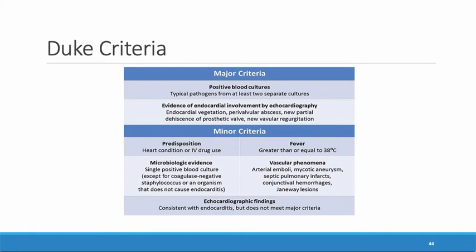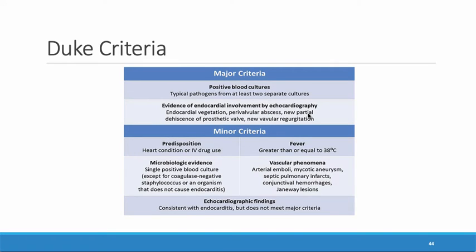It used to be that we relied on these Duke criteria quite a bit, but now, as long as you get 2 major criteria, you get positive blood cultures and evidence by echo, that's enough. And our echo machines are so good nowadays that we can easily pick out vegetations on most of the valves.